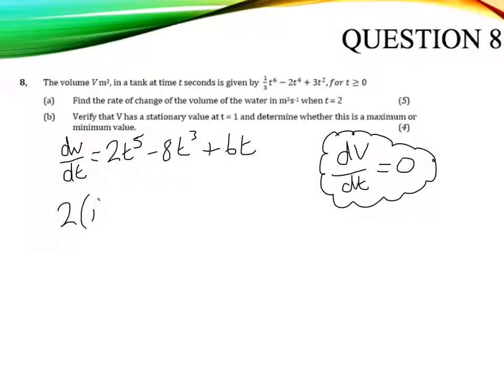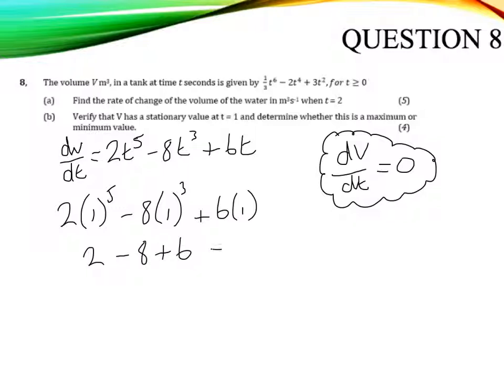So 2 lots of 1 to the 5 minus 8 lots of 1 cubed plus 6 lots of 1 gives me 2 minus 8 plus 6, which does in fact equal 0. So we can say, therefore, t equals 1 gives a stationary value.